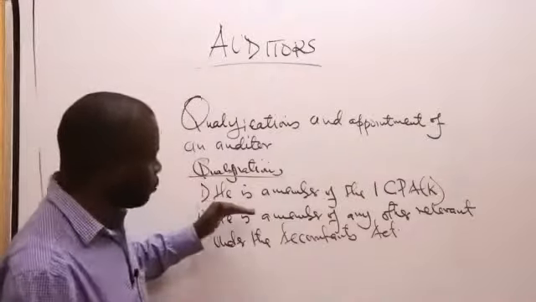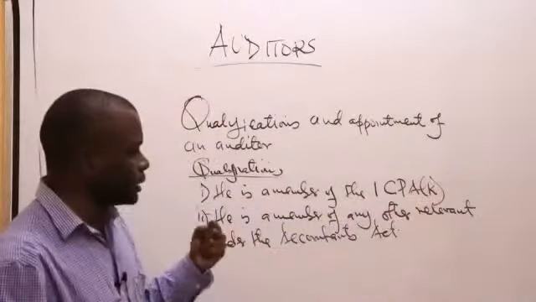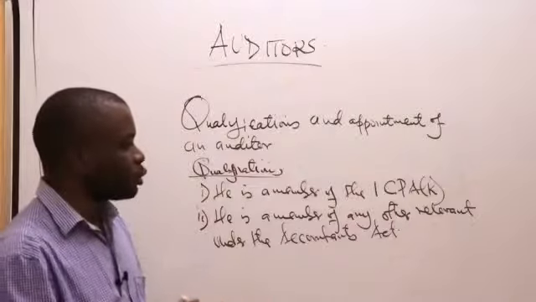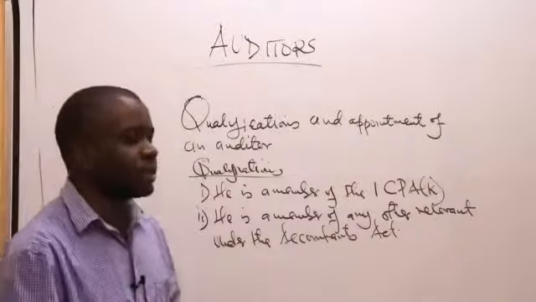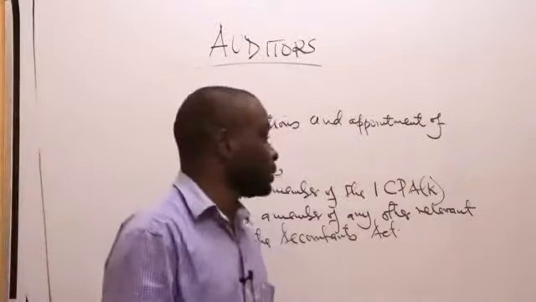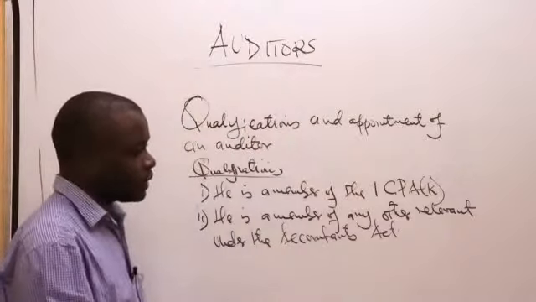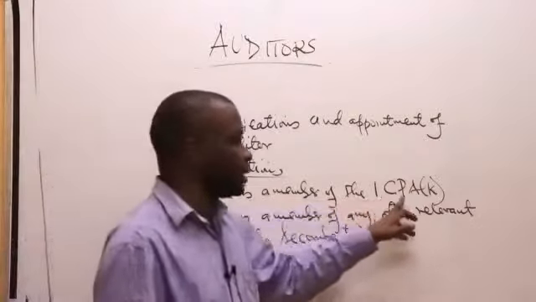Apart from being a member of ICPAK, under the Accountants Act, they could look at any other relevant qualification that can make you able to provide auditing services. Maybe you've done a foreign qualification that can be recognized in Kenya, like ACCA. In such a case, it means they could look at any other relevant qualification that could rank the same as having a CPA in Kenya.